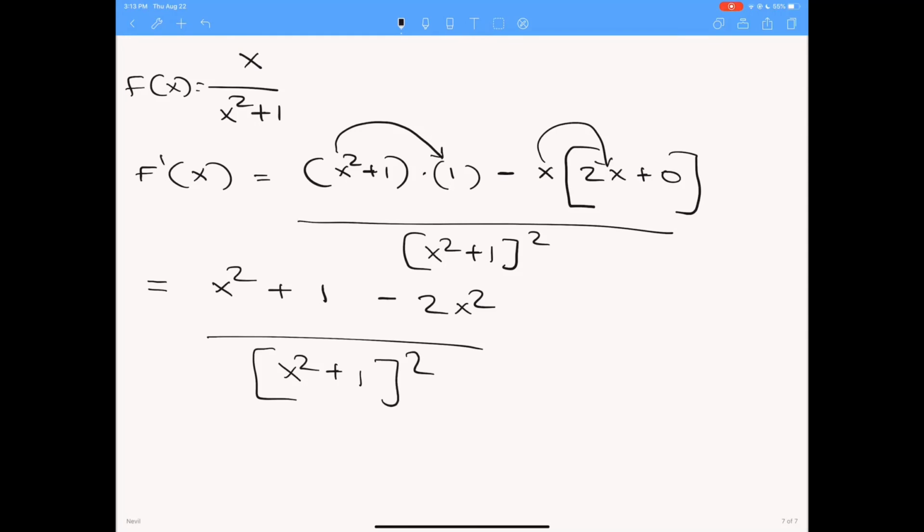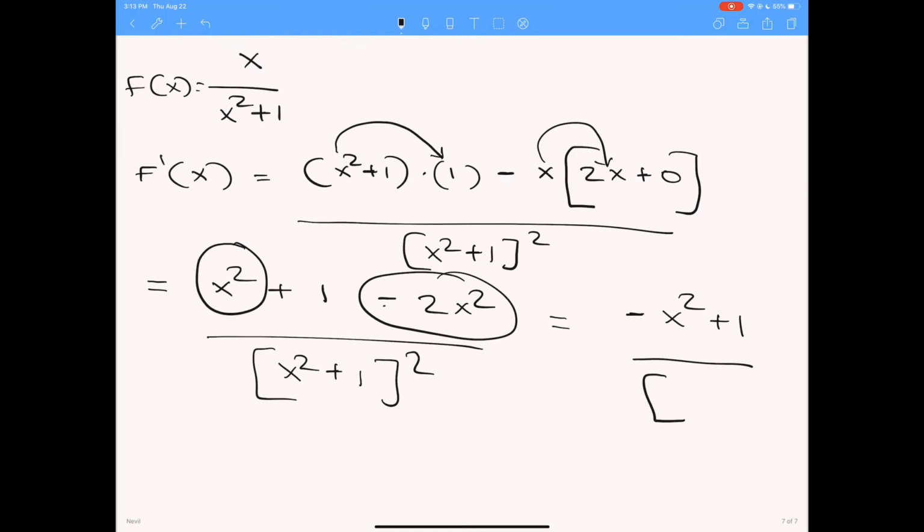So now I have a positive x squared and a negative 2x squared. That leaves me with negative x squared plus 1 divided by x squared plus 1 the whole square. So now you see that the top and the bottom terms are kind of similar.